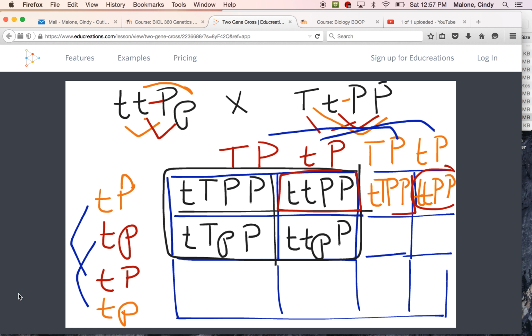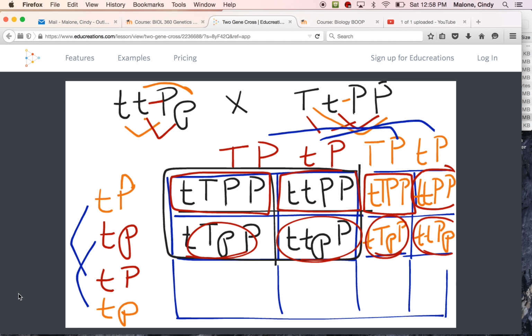And this square is exactly the same as this square. If we fill out the rest of the squares, you're going to find the exact same thing happening: big T, little p, big P, little t, big P, little p. This one looks just like this one, and this one looks just like this one.